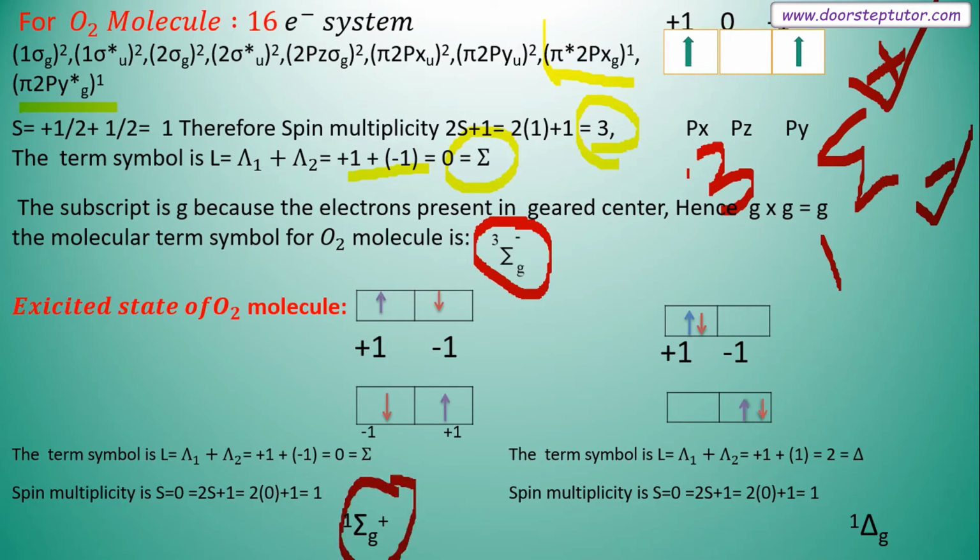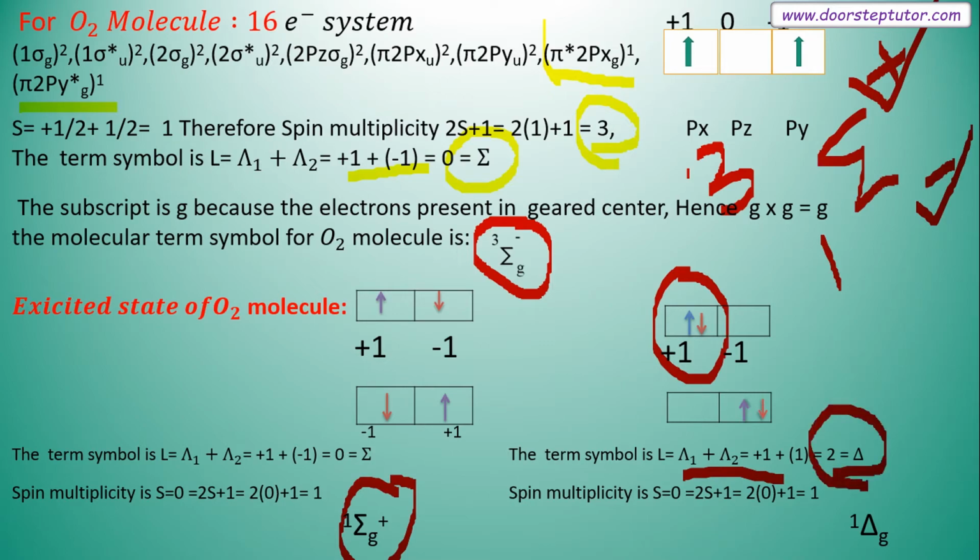Otherwise, what will happen if the two electrons are in the same orbital? If the two electrons are both in plus 1, or both in minus 1, there is no issue. Plus 1 means plus 2, minus 1 means minus 2. So if the two electrons have lambda value plus 1 plus 1 equal to 2, the term symbol is delta.